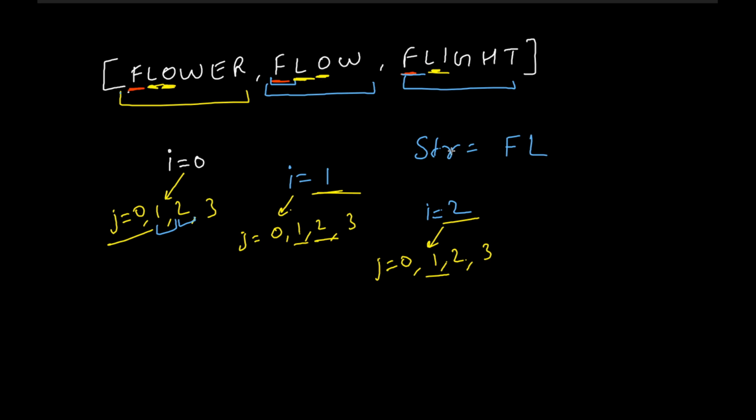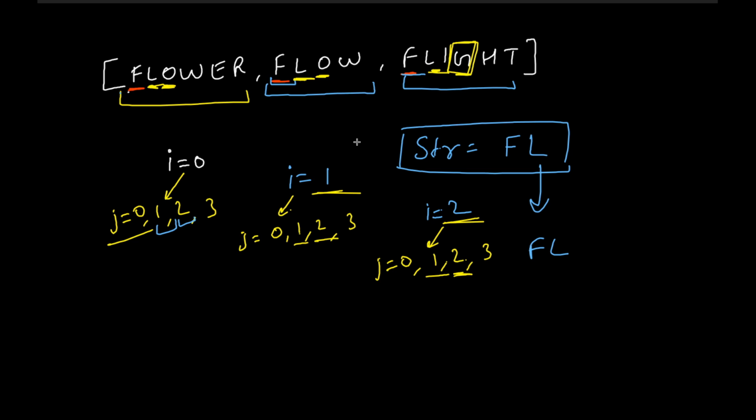And when i is 2 and j is 2, that means here this is g this time. So we got a different element. In that case we will simply return what we are left with in our string. So here in this case we will return fl, and this is also our answer as you have seen in the question.